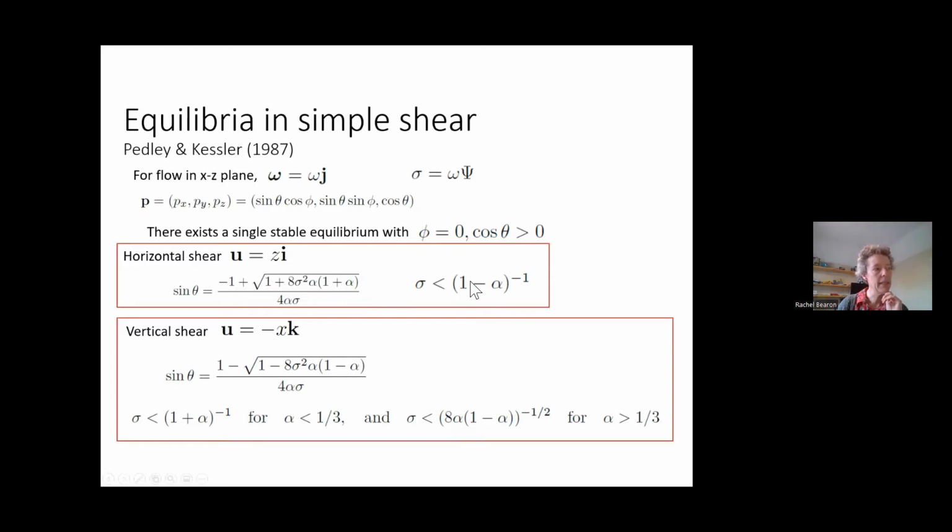And it exists provided our sigma, which is a measure of our shear rate multiplied by the local vorticity, is less than a given value. And I'll show some diagrams of this in a moment. And similarly for vertical shear, analytically, we can compute this case for all values of alpha. So in some sense, the job's done. We can explain our orientation aspect, and that was half of the turbulence.